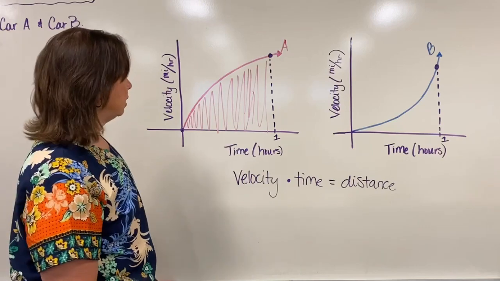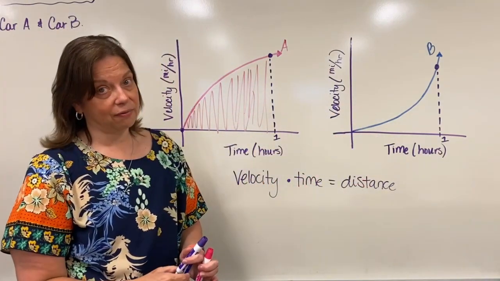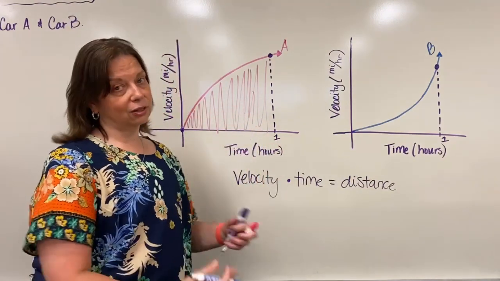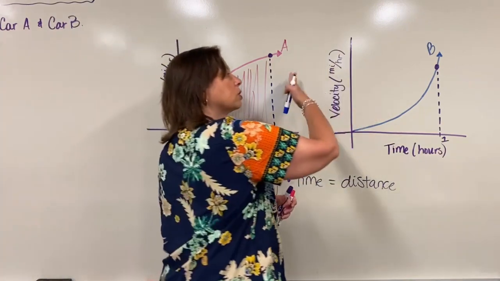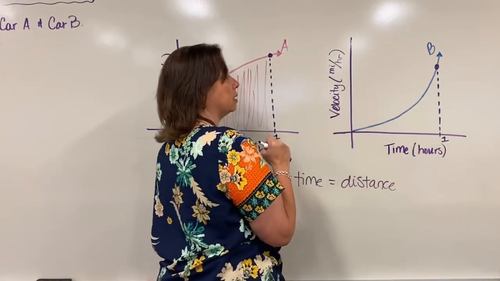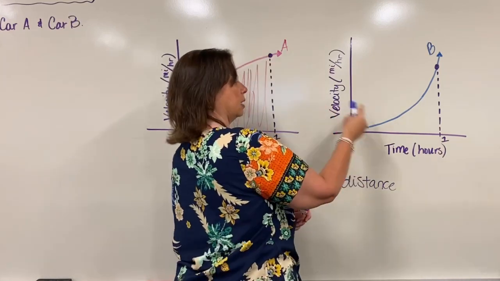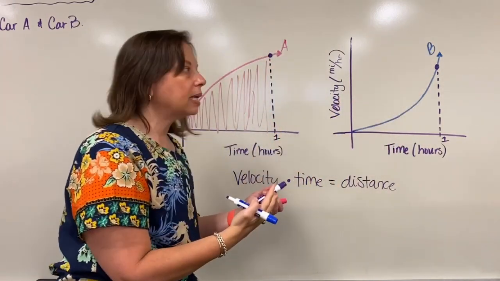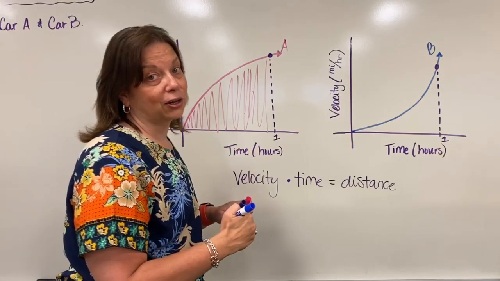Now, consequently, when I think about car B, I still need to be thinking about area in terms of velocity and time being multiplied together. And so when I multiply those quantities together, once again, the distance, velocity times time, the distance that car B traveled can be shown using the area under the car B curve.